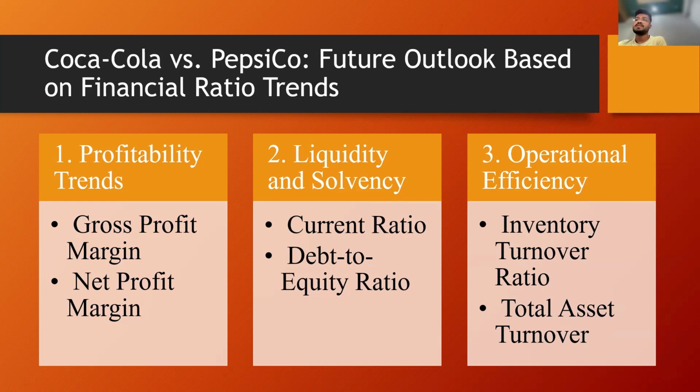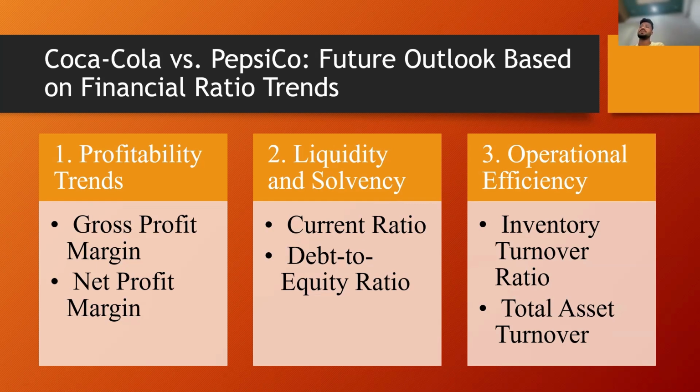Liquidity and solvency. Current ratio: Coca-Cola holds a current ratio of 1.14, indicating a comfortable ability to cover short-term liabilities. For PepsiCo, a lower current ratio of 0.88, suggesting tighter short-term liquidity.